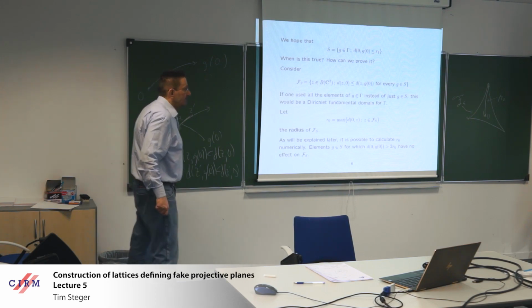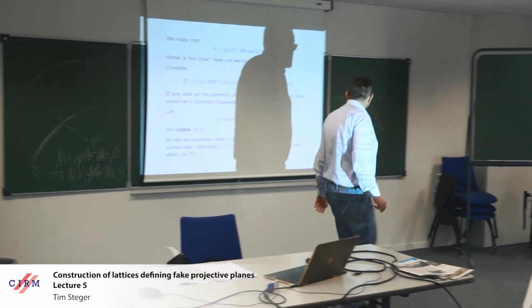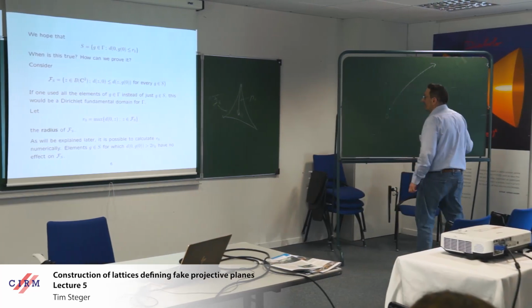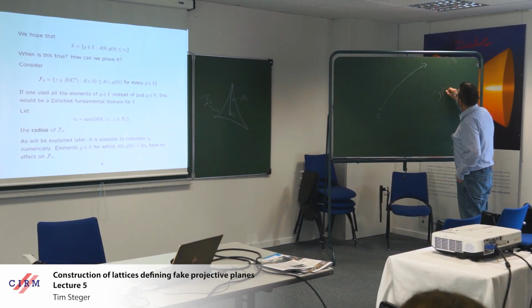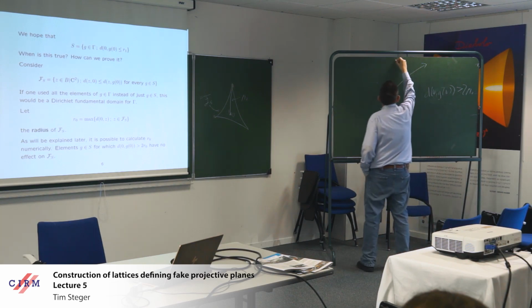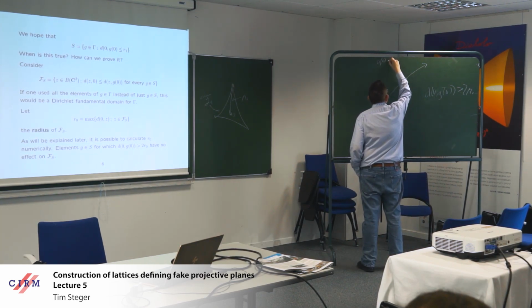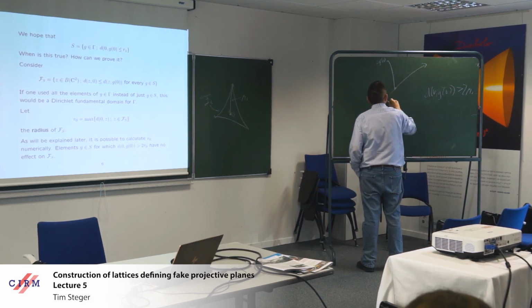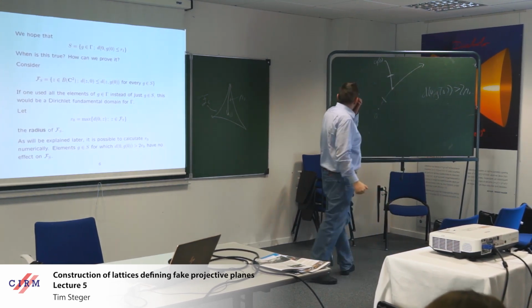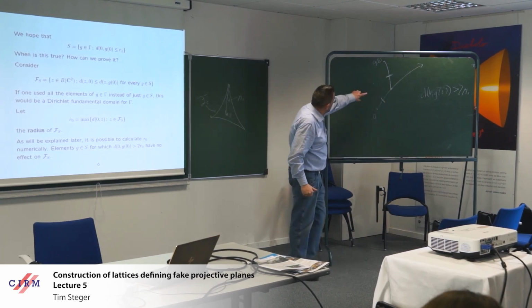star-like. Okay, so supposing that I have an element G with a G of 0 bigger than 2R0. Okay, so this would be G of 0. And you ask, where, if anywhere, is the point where these two distances are equal?